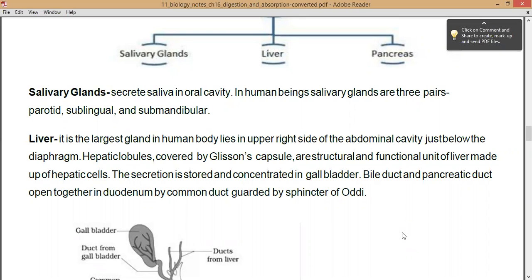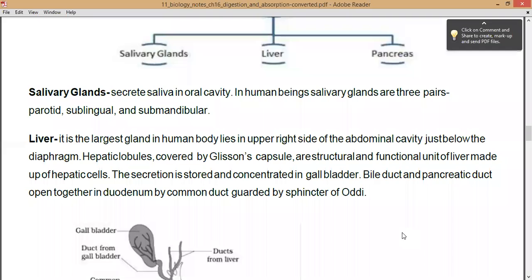So the gallbladder is the storage bag for the bile juice. There is a duct, a tube-like structure, which carries the bile juice from the liver to the pancreatic duct.